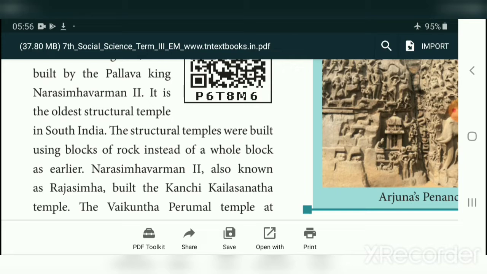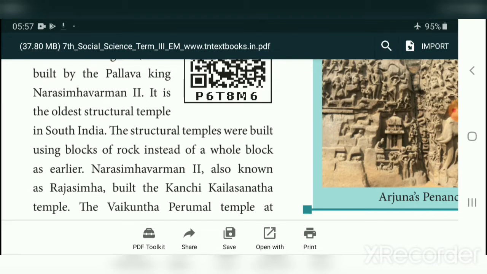Structural temples were built using blocks of rock instead of a whole block as earlier. During the period of Mahendravarman, they used a single rock, carved out. But Narasimhavarman used many blocks of rocks.